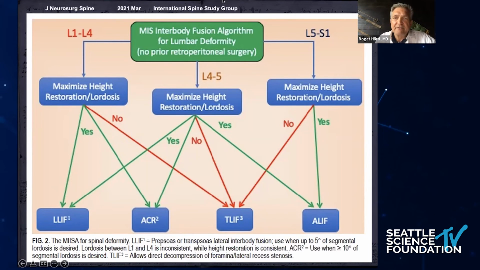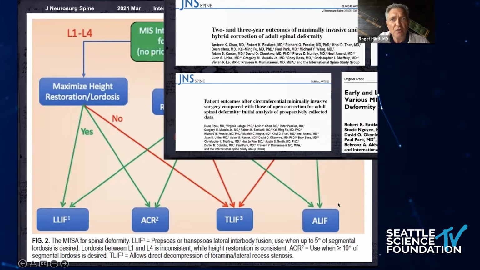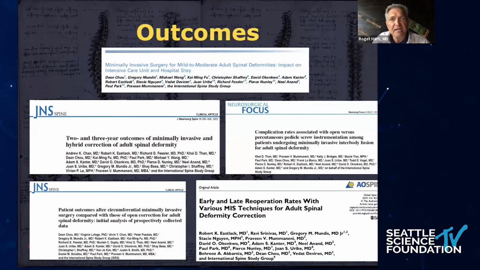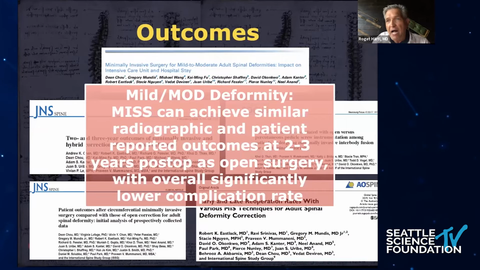And then obviously at L5 is when you have the option of choosing an ALIF or a TLIF. So in terms of outcomes, when you look at mild or moderate deformity overall, they show that with MIS technologies and adjunct, sometimes to open surgery, you can achieve very favorable outcomes.